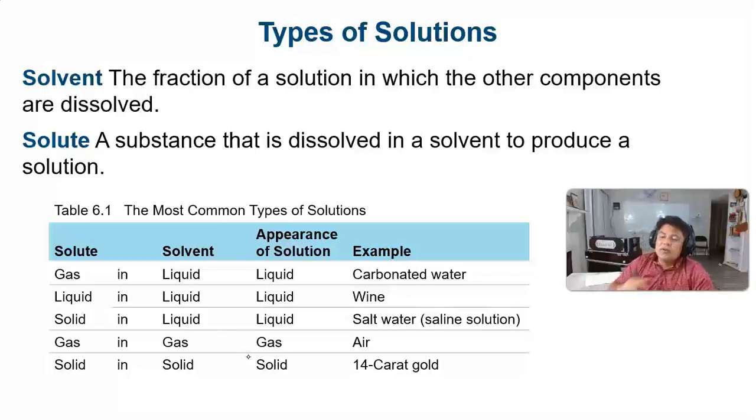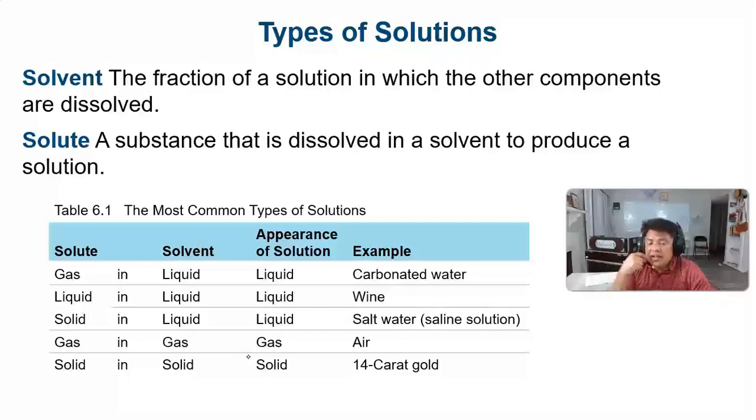In the case of the gas-liquid solution, carbonated water is a liquid, carbon dioxide is the solute, and the water is the liquid. That's why the gas is the solute and the liquid is the solvent.